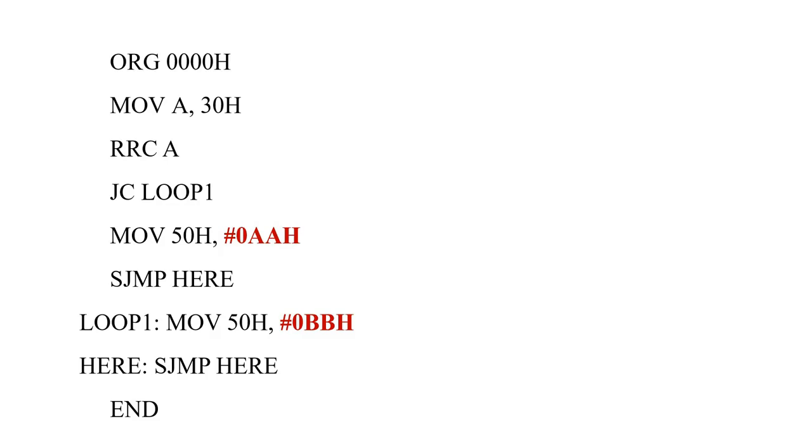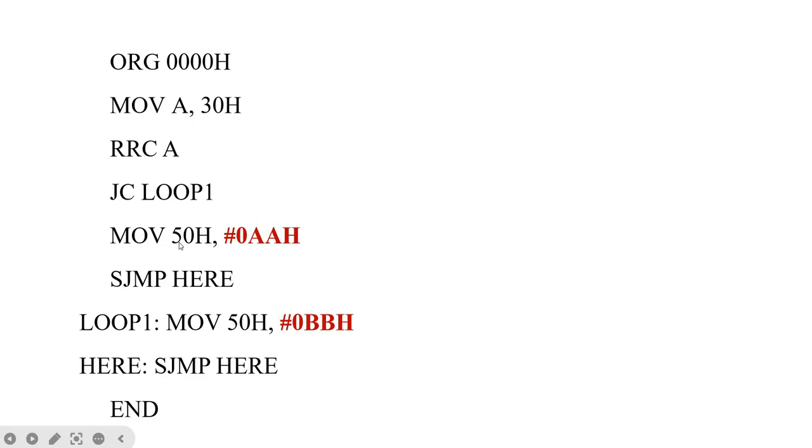So after storing AAH, it should not execute the LOOP1 label, that is MOV 50H, #0BBH. It should come out of this line and go to the last line where we stop the execution, that is HERE: SJMP HERE, where it will enter an infinite loop and end the program.